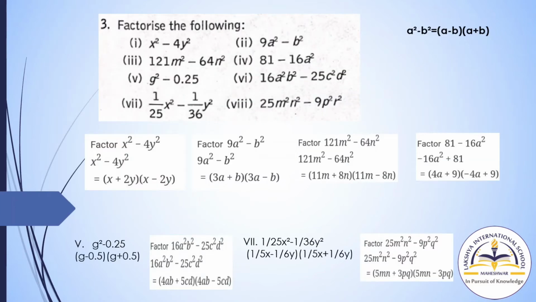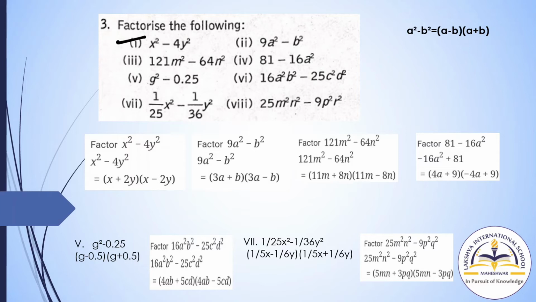Now question number 3, factorize the following. In this question we will use the third identity, that is a square minus b square equals a minus b and a plus b. First question, x square minus 4y square.